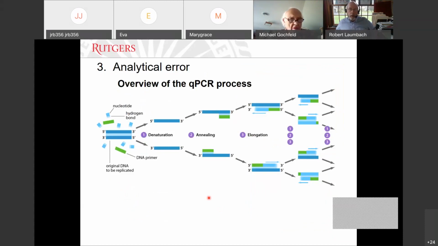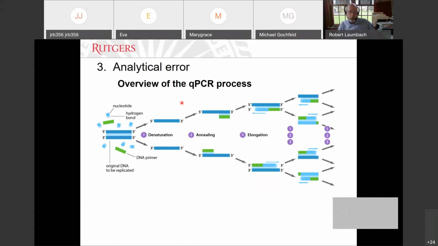So I wanted to just show a little overview about quantitative PCR and how it works, essentially, to understand a little bit about why it's so analytically sensitive and also specific, and then also what might go wrong with it as well. So the basic idea is that in this case we have an RNA virus.